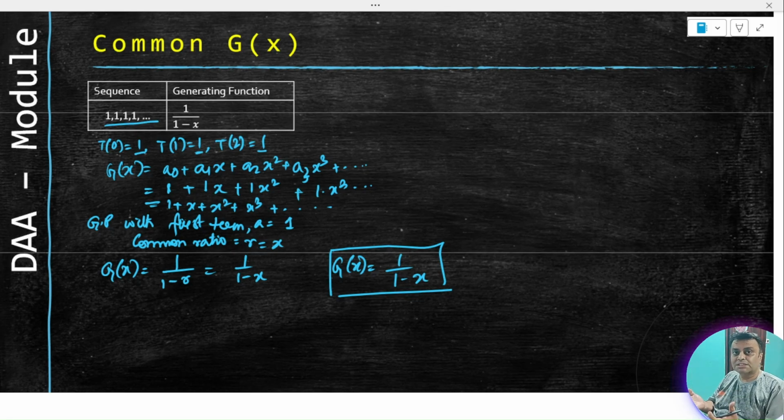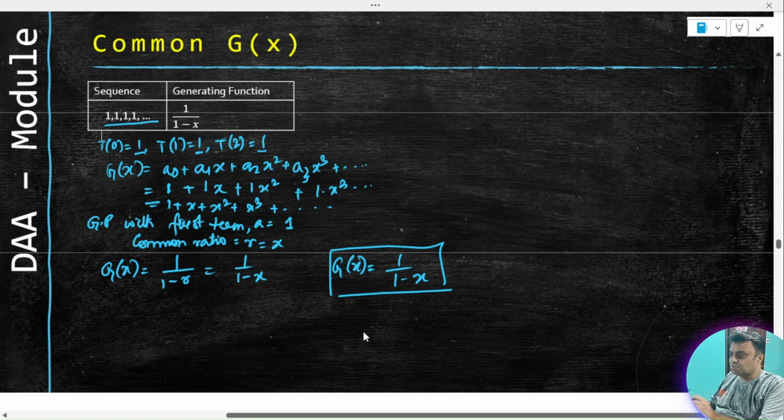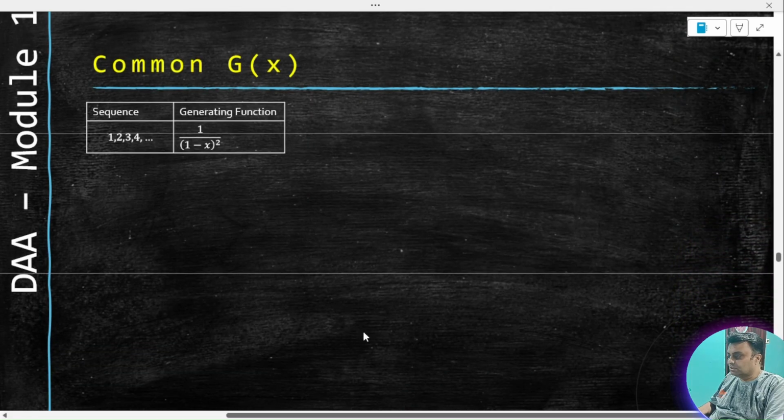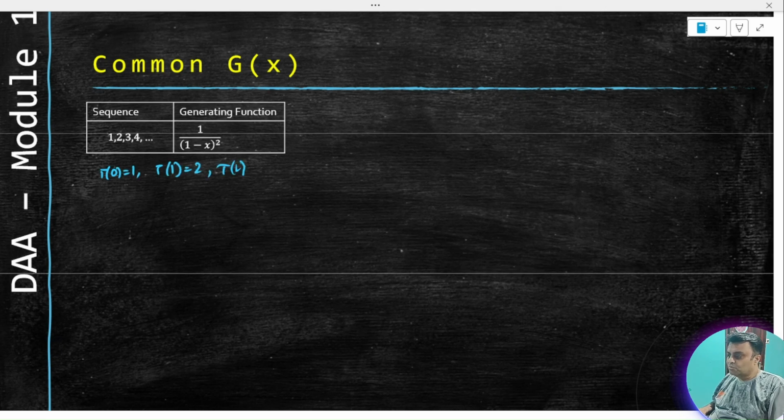In such a case, if you find that the recurrence relation is going towards that scenario, then the generating function that will eliminate the Tn, Tn minus 1, Tn minus 2, that generating function will be written as 1 by 1 minus x. Right, so that is one part of this particular solution, and this is what we had already started. We had said that if T0 produces 1, if T1 produces 2, if T2 produces 3, and so on and so forth, right?